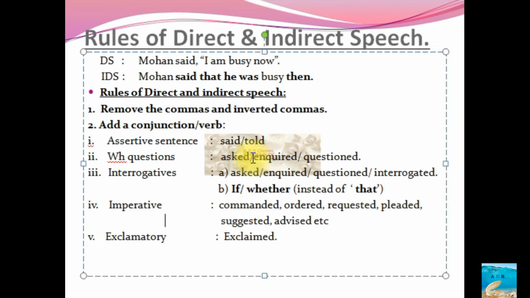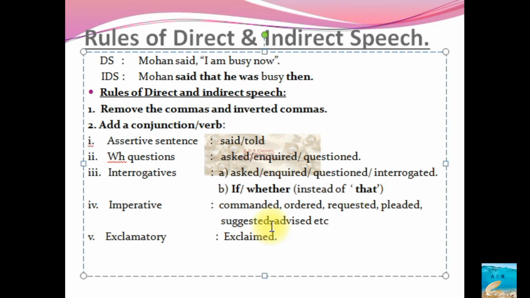So better you have a look at all those things and then come to this video. It will be very easy for you to recognize the forms of sentences and the types of verbs that we are using for different contextual sentences.